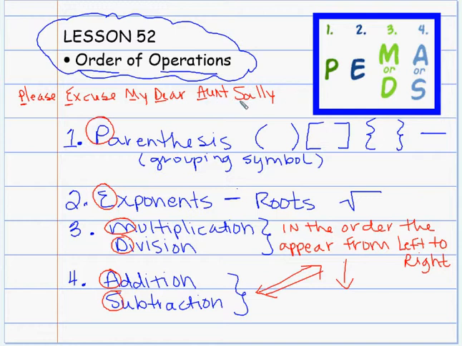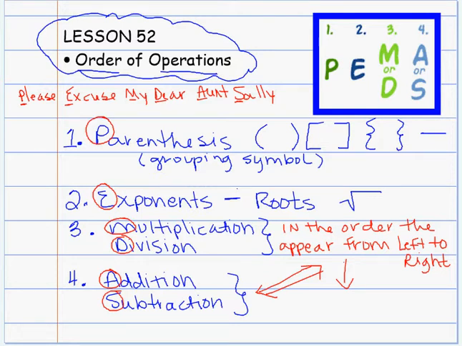Or aunt. I say aunt, you say aunt, that's okay. Please excuse my dear Aunt Sally. So that's the order of operations, and you have to memorize this. You have to know what comes first or what you do next.